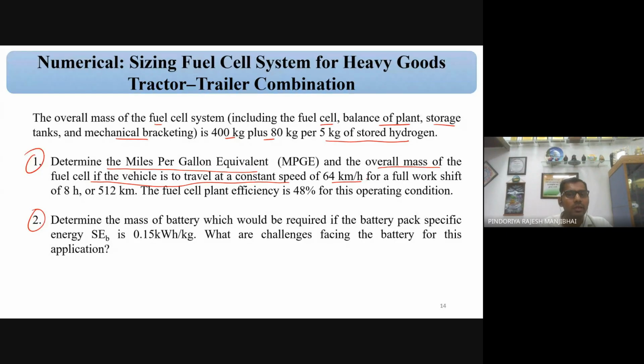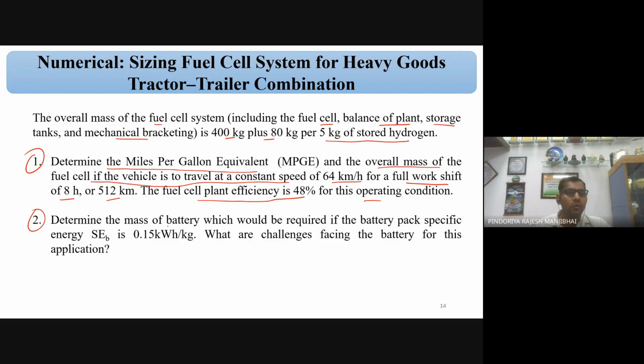Suppose the vehicle is running at a constant speed of 64 kilometers per hour for a full load work shift of 8 hours, or 512 kilometers. The fuel cell plant efficiency is 48% for this operation. First, we find the miles per gallon equivalent.